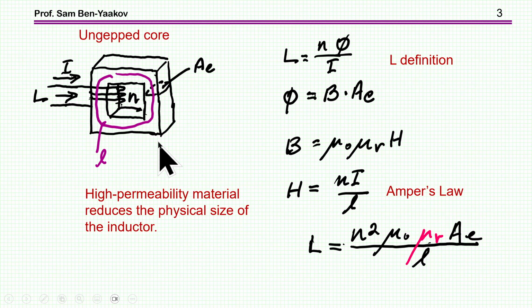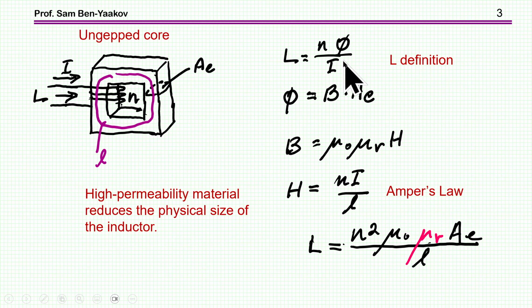So let's start with the case of an inductor which is built around a closed structure, no gap. Here are the windings. Here is the cross-section area of this structure, and l is the magnetic path length. I'm starting with the very basic definition of inductance.